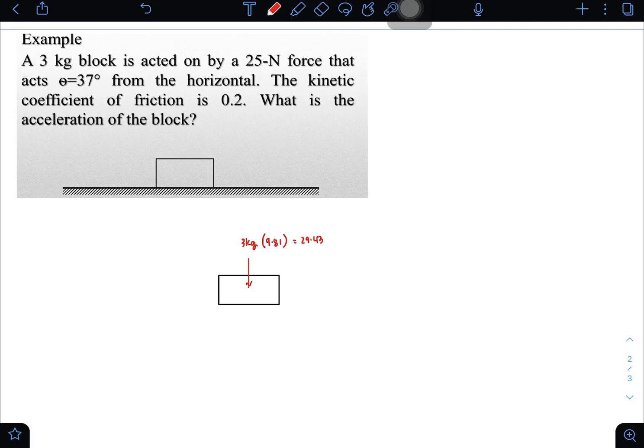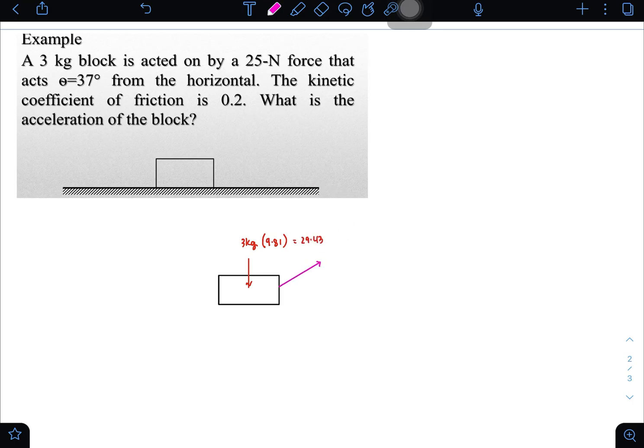Anyway, it's either left or right, the direction of the force being applied. Since this is just an introductory example, we're only taking the principle here, regardless of the direction of the block.